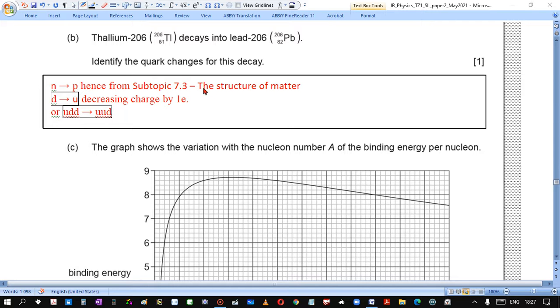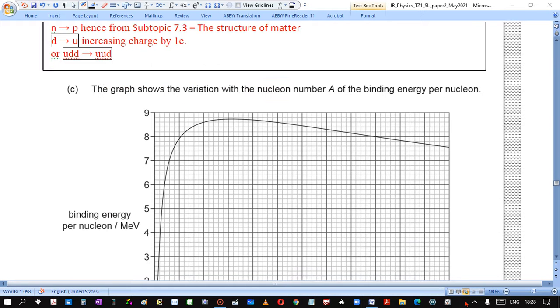From subtopic 7.3, we see the structure of matter, and we understand that this happened because a down quark turned into an up quark. The quark flavor of a neutron is UDD, and of a proton is UUD, so a down quark turned into an up quark. As a result, charge increased by 1.